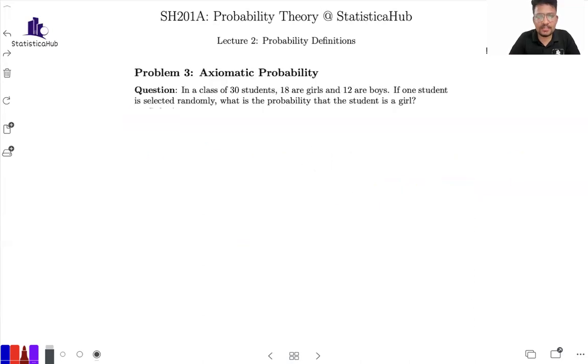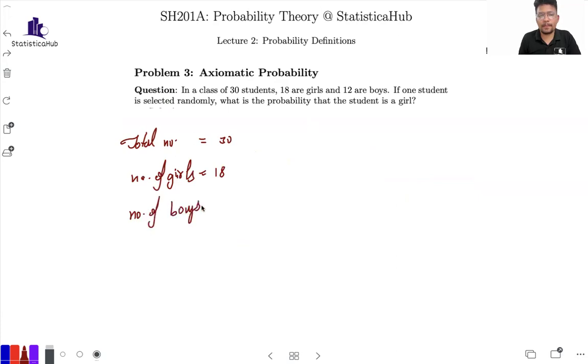Moving ahead, we have the concept of axiomatic probability. In a class of 30 students, the total number is 30. The number of girls is 18, and the number of boys is 12.